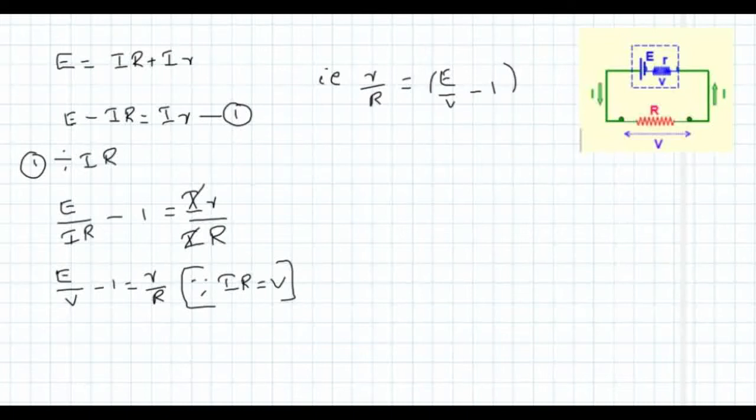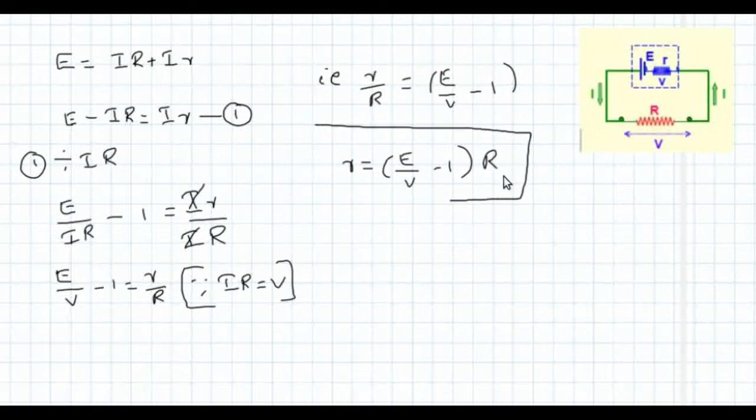First, r by R is equal to E by V minus 1. Therefore small r is equal to E by V minus 1 into capital R, where capital R represents the external resistance. So from this we can find the internal resistance of a cell.